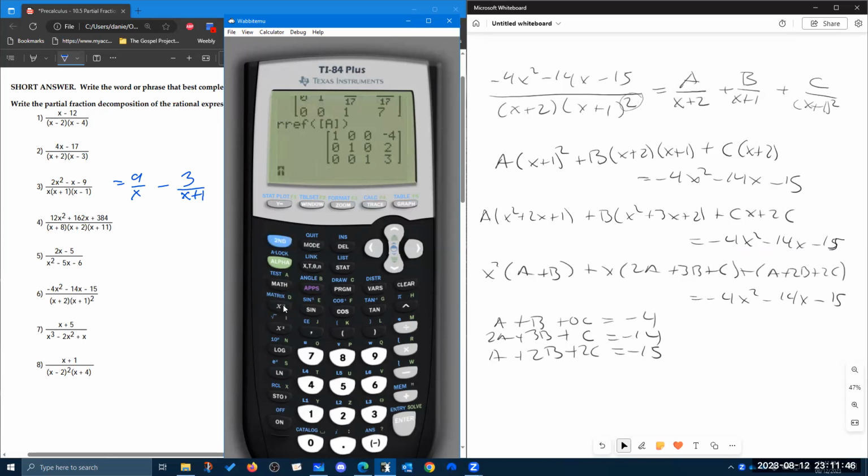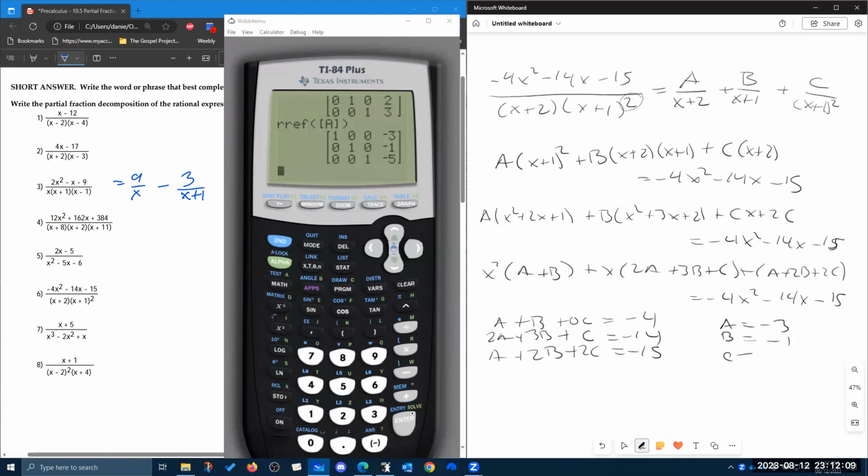Second matrix, math, RREF, second matrix A, and we get an answer of A equals negative 3, B equals negative 1, C equals negative 5.